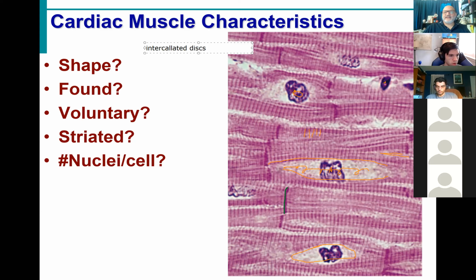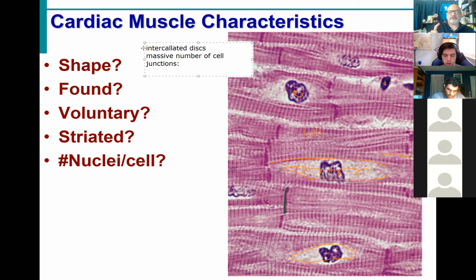These intercalated discs are where the cardiac muscle cells come together. And as Jacob pointed out earlier, in these intercalated discs we find a massive number of cell junctions.